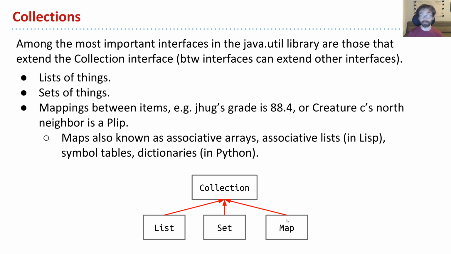You've seen maps before, but as a reminder, it would be like JHug's grade is 88.4, or Creature C's north neighbor is a plip. Maps are also known as associative arrays, associative lists, symbol tables, dictionaries, and there are other terms used, but those are some of the most common.